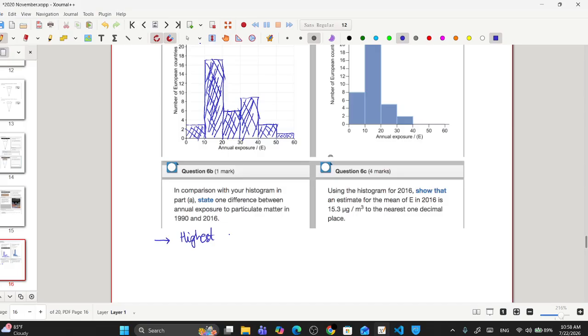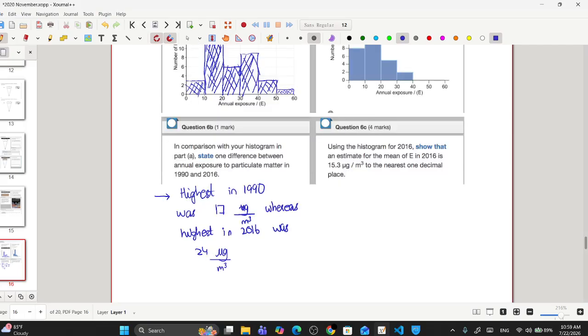It's not important for you to mention the value, I'm just mentioning it. So that is one big difference that we can visibly see in front of us.